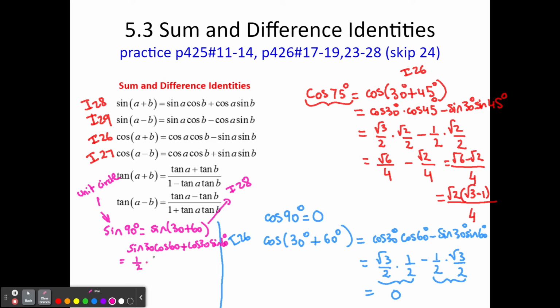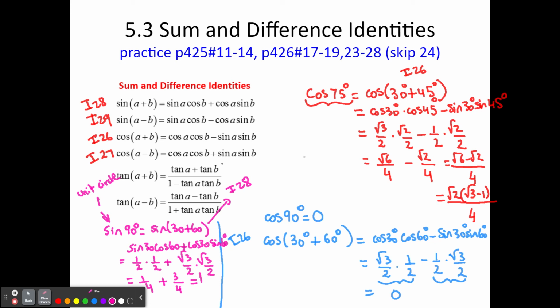We know the cosine of 60, the cosine of 30 degrees, and the sine of 60 degrees. So half times half gives us a fourth. Square root of 3 times square root of 3 gives us a 3. 2 times 2 is a 4. A fourth and 3/4 will give us 1. And we proved that sine of 90 degrees equals 1.